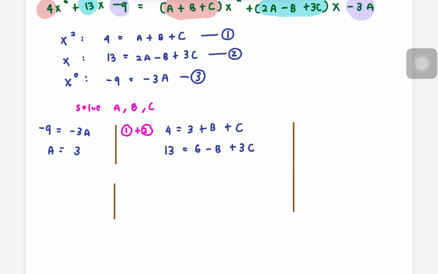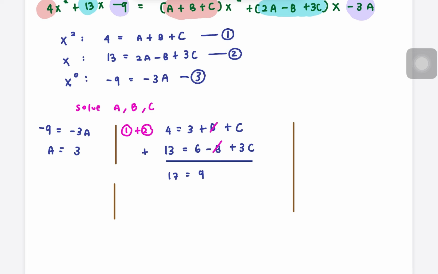So right now you want to find your b value. So just substitute into any of the equations. So let's say we substitute a equal to 3 and c equal to 2 in the first equation. Okay.